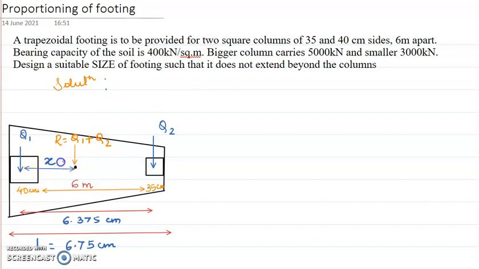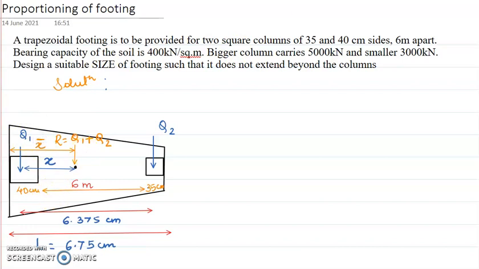And the distance between this point where the resultant is acting and the outer edge of the trapezoidal footing, I'll mark as x bar.